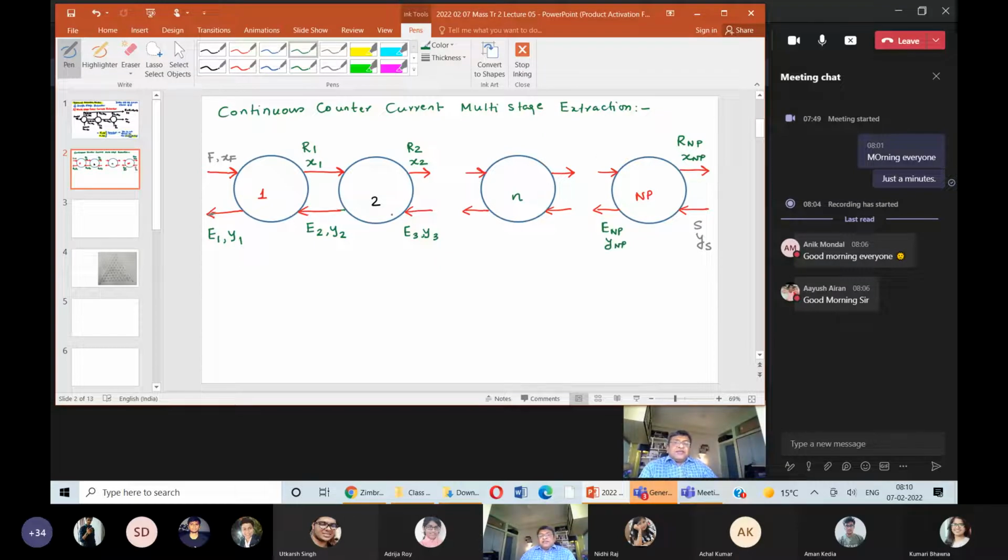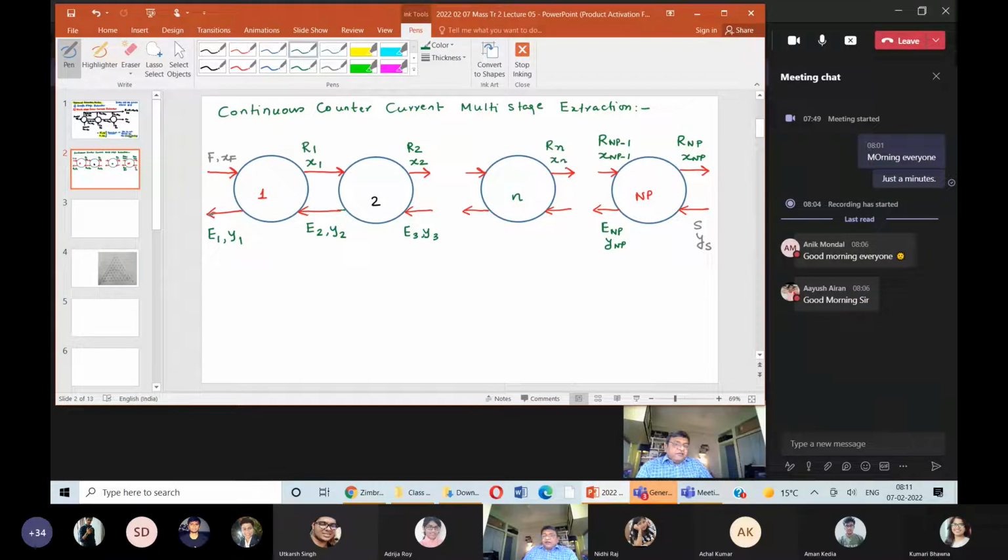And what about this one? See, the second stage receives R1, so it's 1 less. So this stream is RNP minus 1, XNP minus 1. And what about the nth stage? For the second stage, the outlet streams are R2 and X2, so this is Rn and Xn.